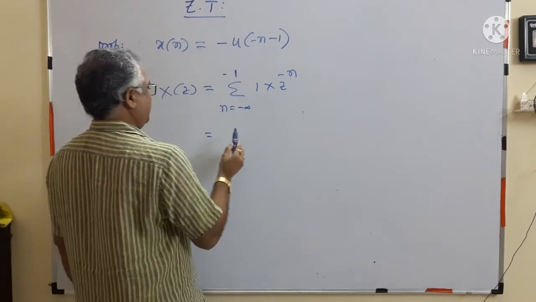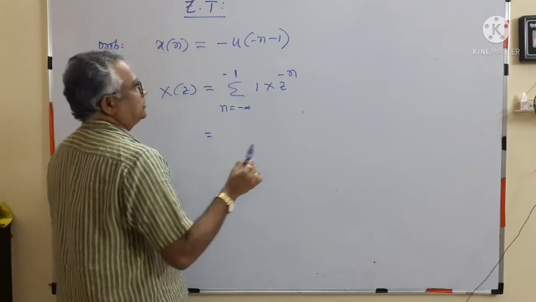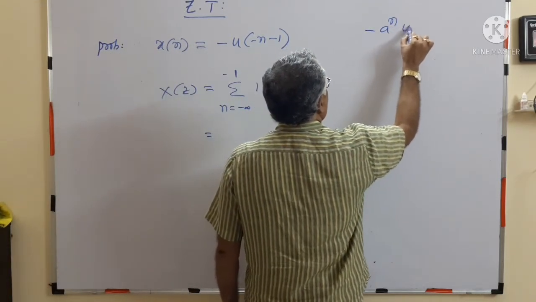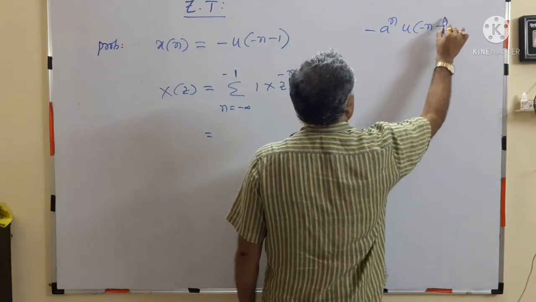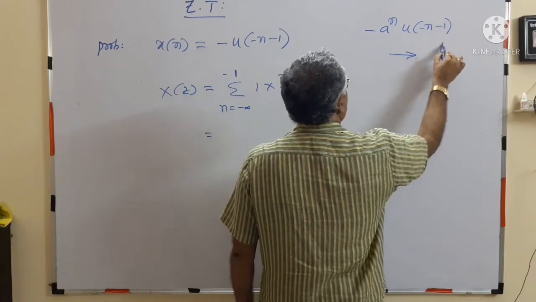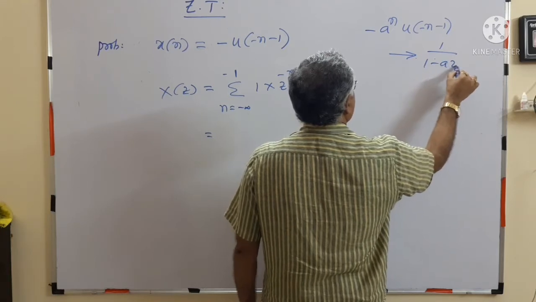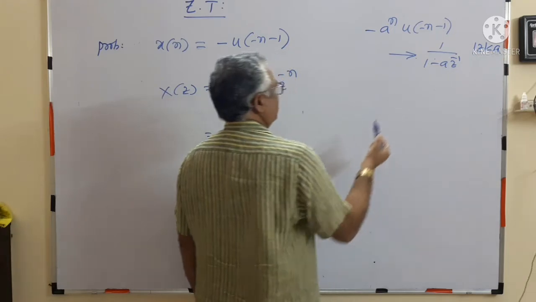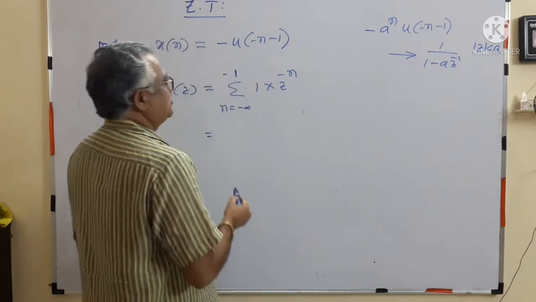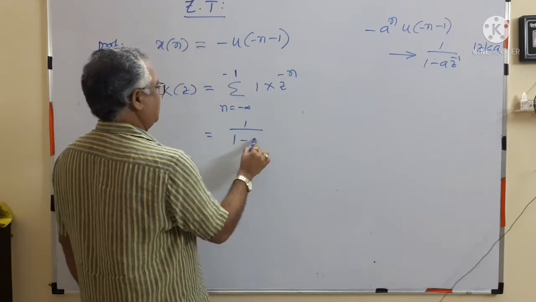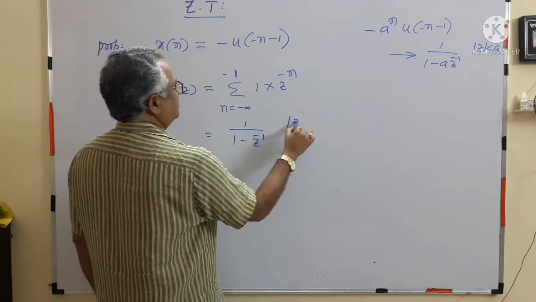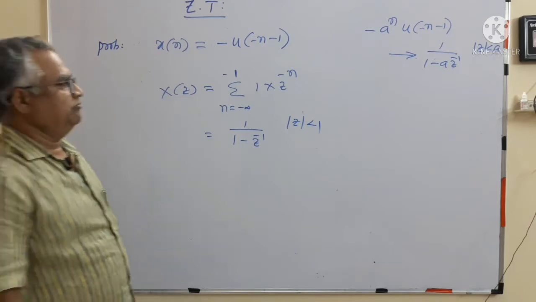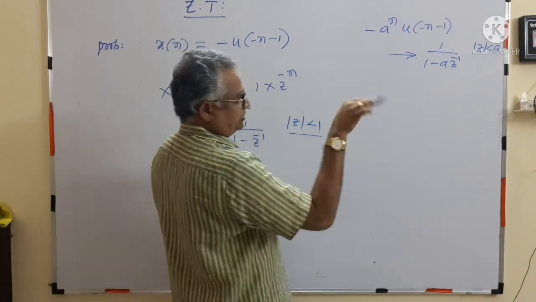So you simplify this. What is the easy way of doing it? Minus a power n u of minus n minus 1 has z transform 1 by 1 minus a z inverse, mod z less than a. The same formula, a equal to 1. So you get 1 by 1 minus z inverse, mod z less than 1. So the answer is the same; the only thing is here it is less than 1, previously greater than 1.